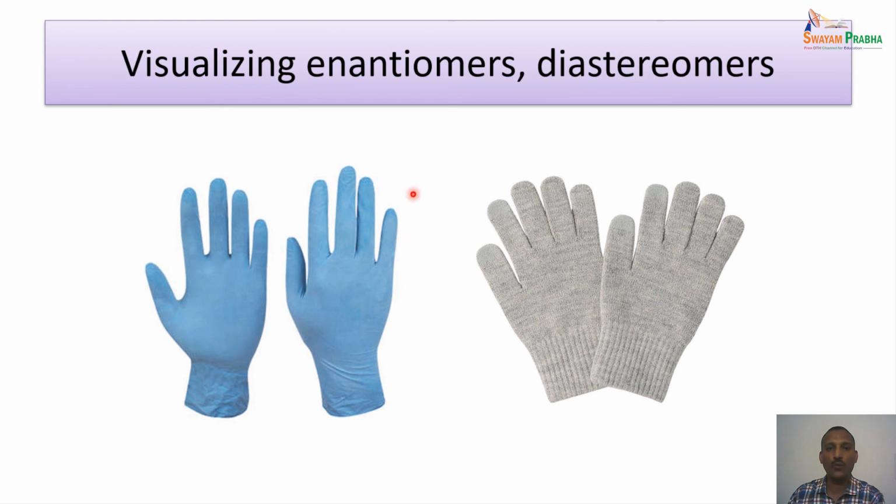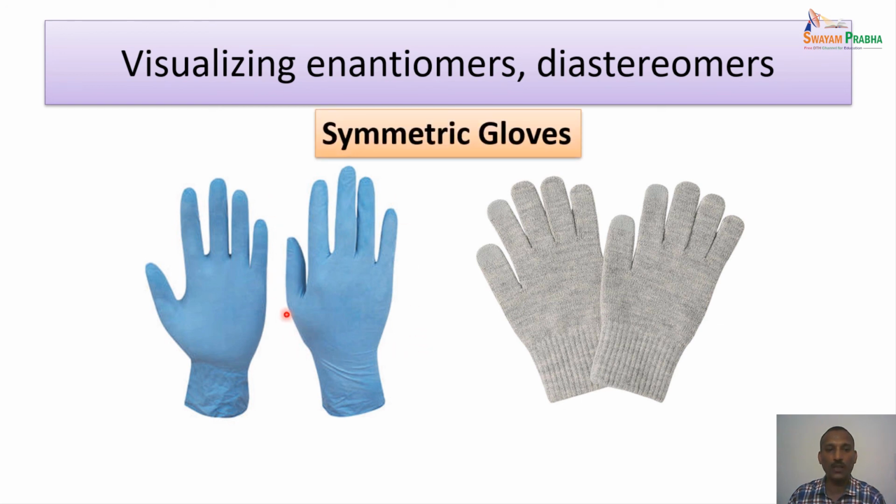Now let us look at how we can visualize enantiomers and diastereomers. If you look at these two compounds, you will have symmetric gloves. So whenever there is symmetry, we do not have an optically active compound. In other words, we do not have any enantiomers or diastereomers in these kinds of compounds. This one is superimposable on the other glove.